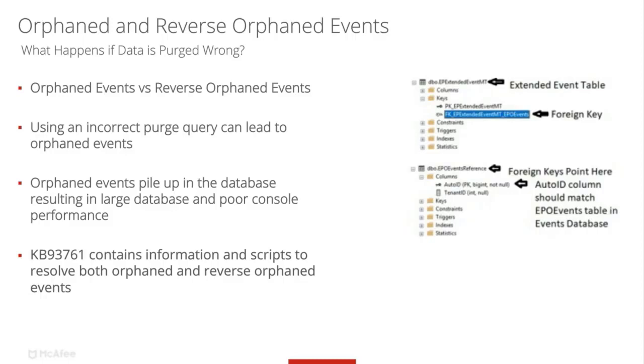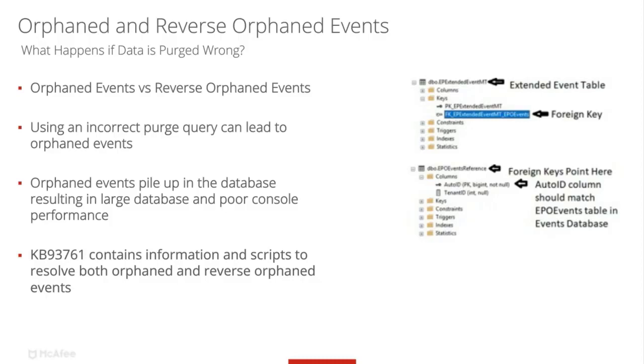The primary way that happens is if you restore your primary database to an earlier copy, but do not restore the threat events database from a backup copy taken at the same time. In that scenario, the primary database will lose the references in the ePO events reference table, but those references will remain in the thread events table, I should say.